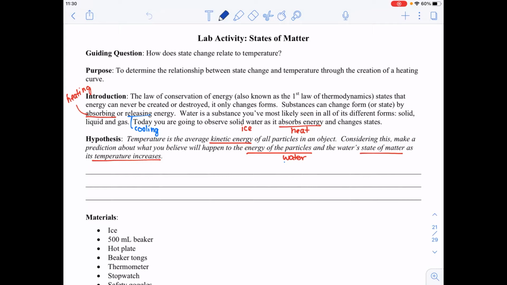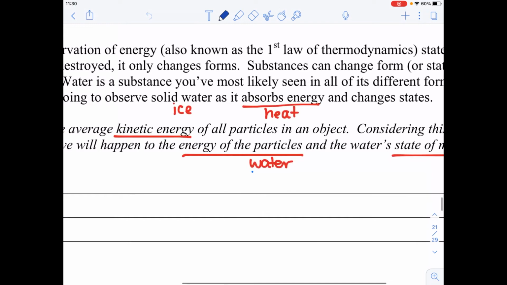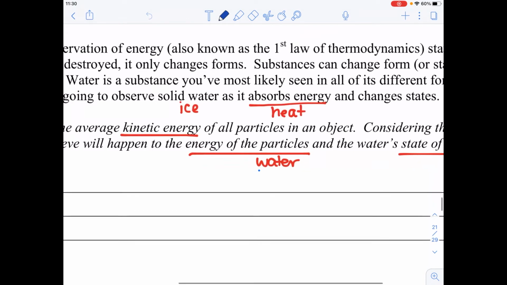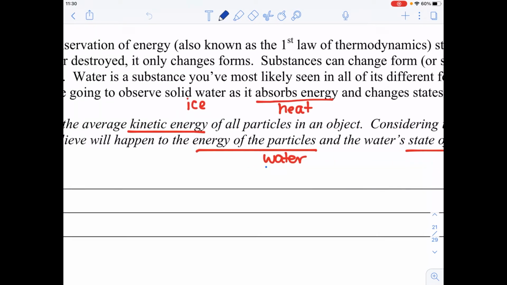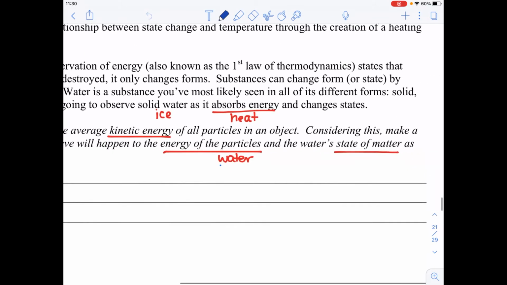What do you think is going to happen to the energy of the particles of water? Think about them on a molecular level, as little circles. What is going to happen to them as water changes its state of matter as we add heat and increase temperature? How does increasing the temperature affect the energy of the particles in various states of matter?